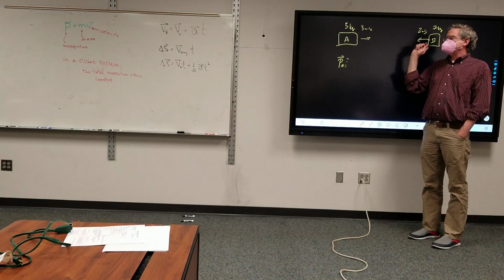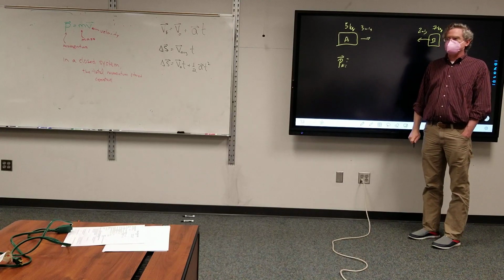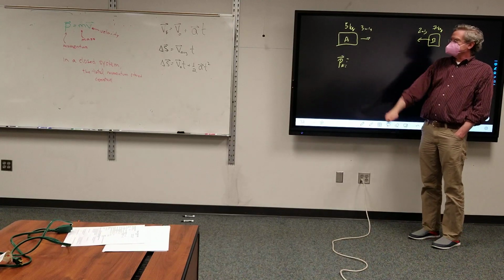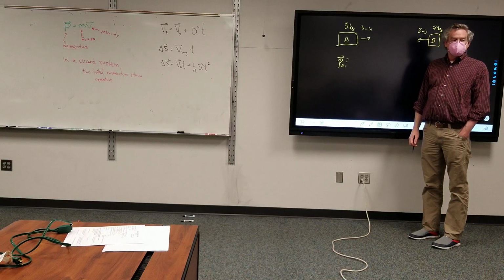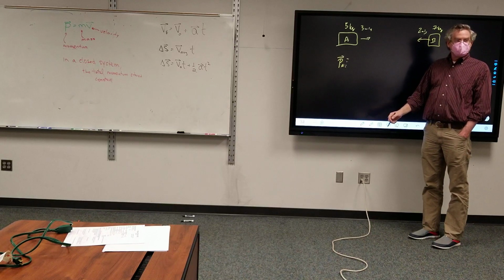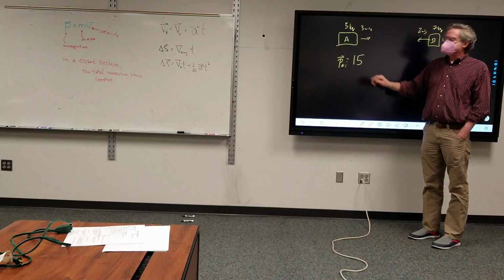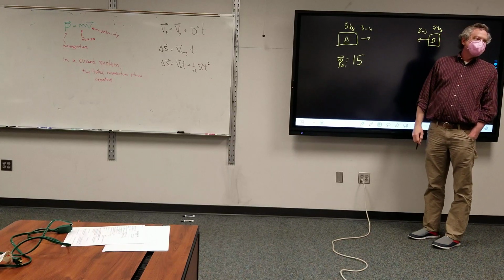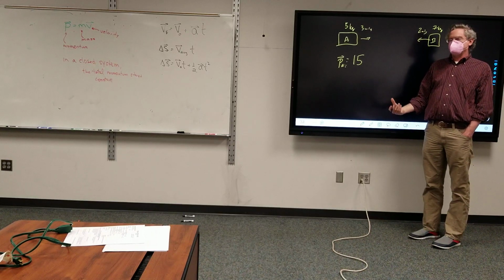So before the collision takes place, what is the momentum of mass A? We've got the formula right over there. 15. Are you stopping there? What were you going with there? All right, what are the units?